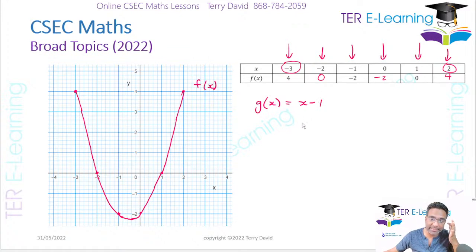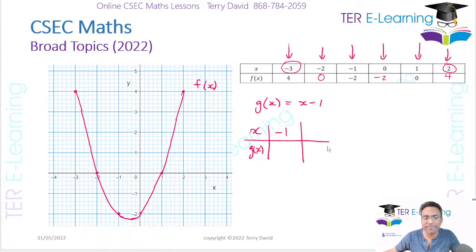So all we need to do is draw up a table with x and g of x, and we're going to choose values of x within my interval here. Let's see, I'm trying to figure out which one might be the best one to use. I could use -1 maybe, and if I use 2, yeah, I could use 2.